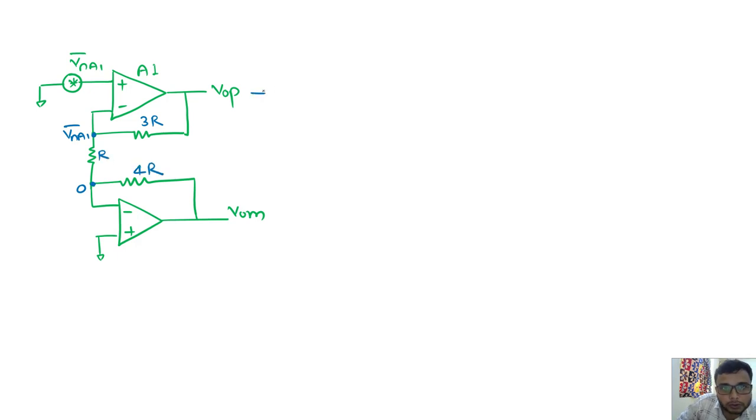So what is the noise at output due to amp 1? This node is ground, this node is ground, so directly it can be written in terms of gain, that is 1 plus 3R by R, that is a 3. So 4 of V noise of amplifier 1, that I call is amplifier 1, that I call is amplifier 2. Okay, so what is here?